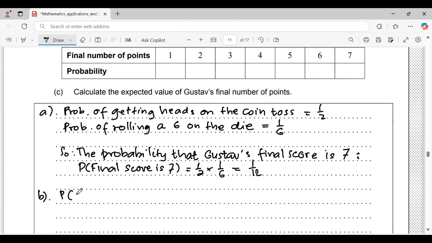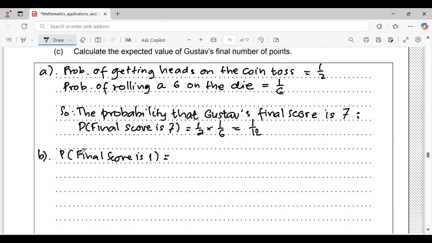If probability final score is 1, we need to calculate first the probability tails and die roll. It is half times 1 over 6, 1 over 12.